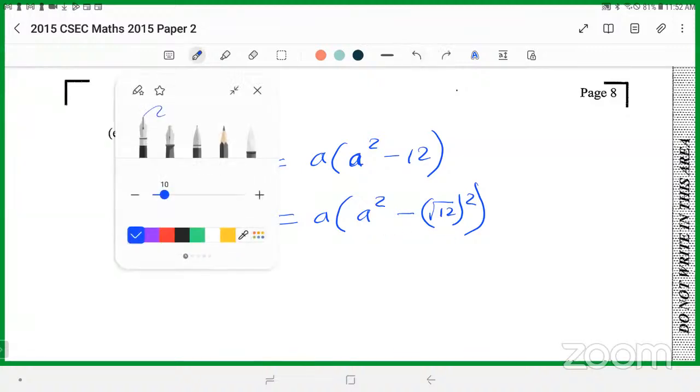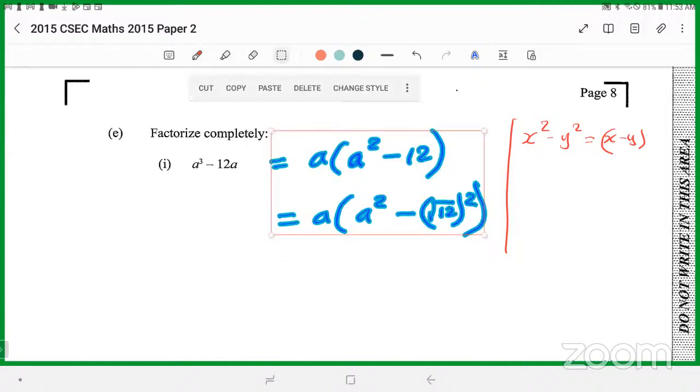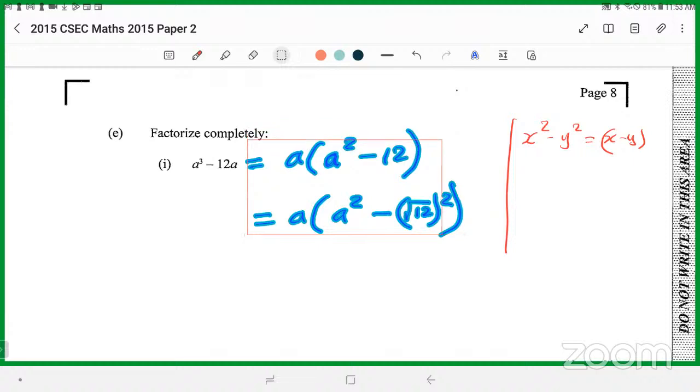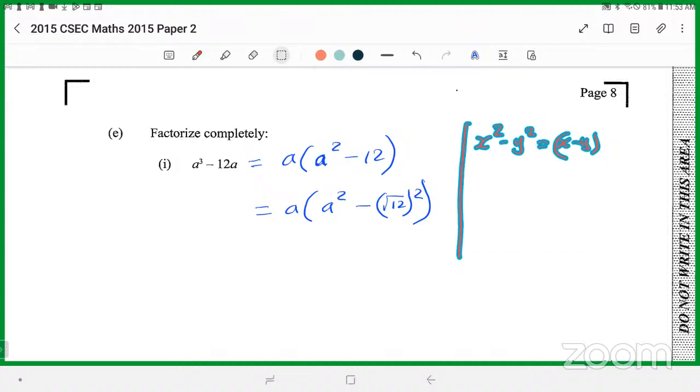What does the rule for the difference of two squares go like? Let's write it over here. It says x squared minus y squared will be equal to x minus y times x plus y. I'm shifting this over a bit, running out of space. Let's write the rule: x minus y times x plus y.